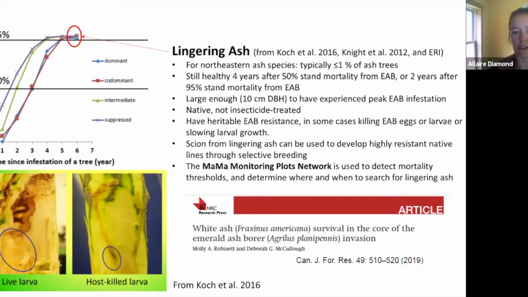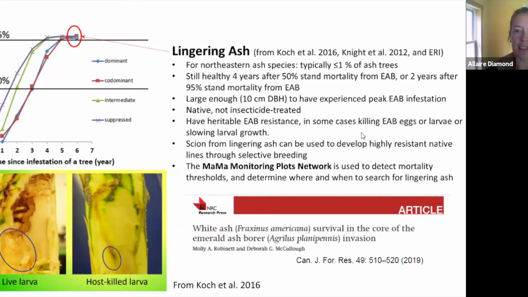So there's a chance that there are just tiny little seedlings in the forest when the initial wave of EAB comes through, and those would not have been attacked at first, but then they might get bigger and get attacked. So to officially be a lingering ash, a tree has to be big enough to have withstood EAB from the start, not just be too small for it.